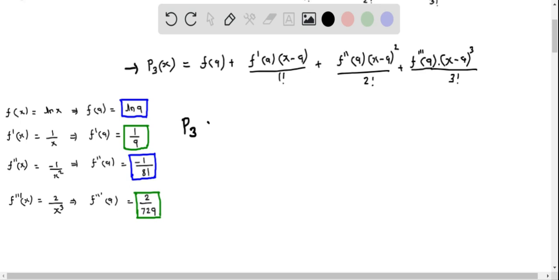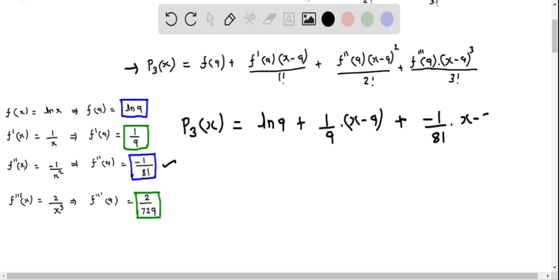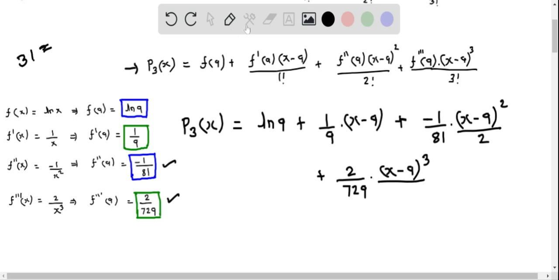So we have p3 of x equals f of 9, which is natural logarithm of 9, plus f prime of 9, which is 1 over 9, times (x minus 9) divided by 1 factorial, which is 1, so I leave it as it is, plus the third term, f double prime of 9, that is negative 1 over 81, times (x minus 9) squared divided by 2 factorial, which is 2, plus the last term, 2 over 729 times (x minus 9) cubed divided by 3 factorial, which is 3 times 2 times 1, which is 6. So I put 6 here.